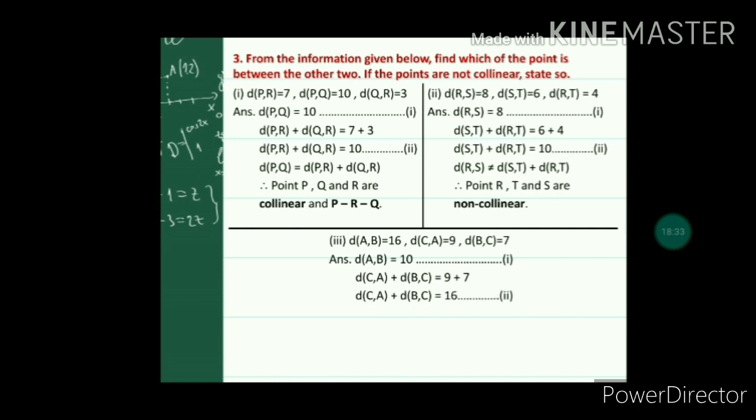Therefore, distance of CA plus distance of BC is equal to 16. Therefore, distance of AB is equal to distance of CA plus distance of BC. Therefore, points A, C and B are collinear and written as A-C-B.